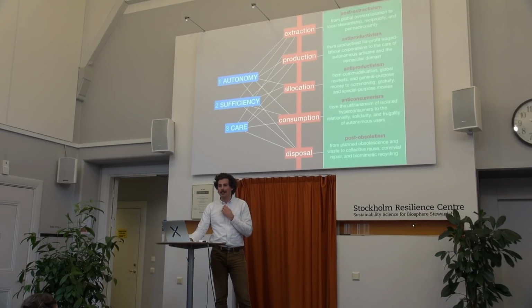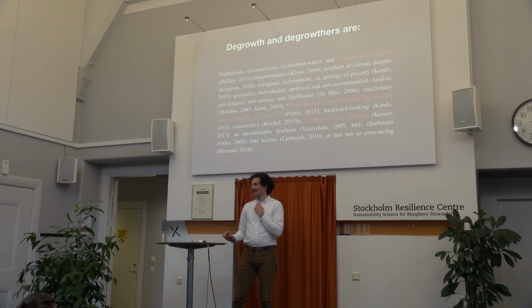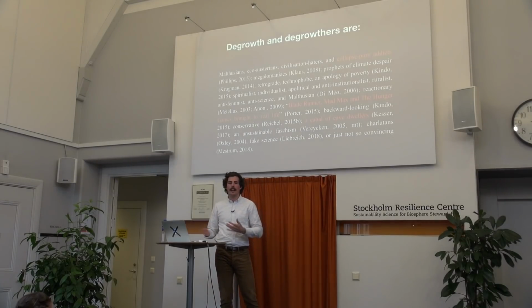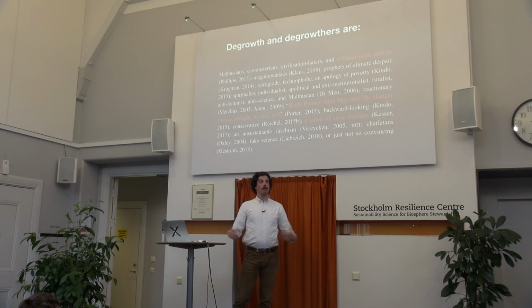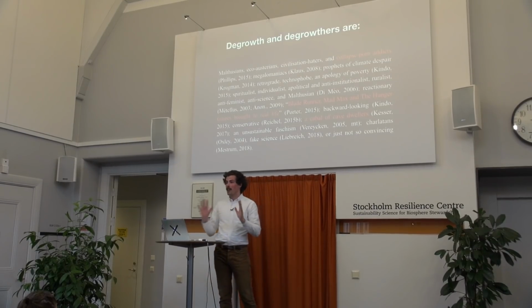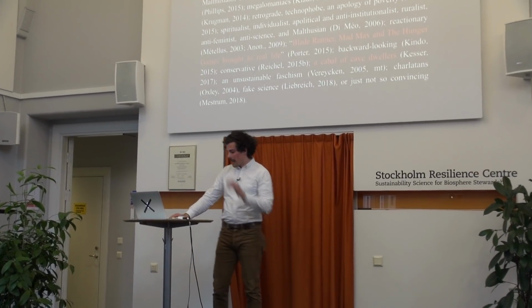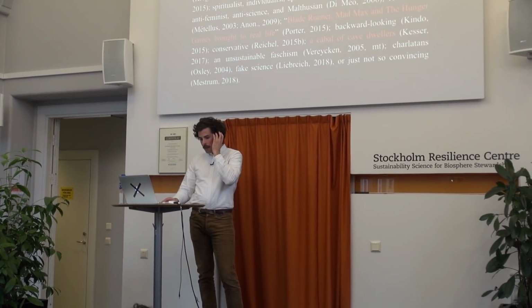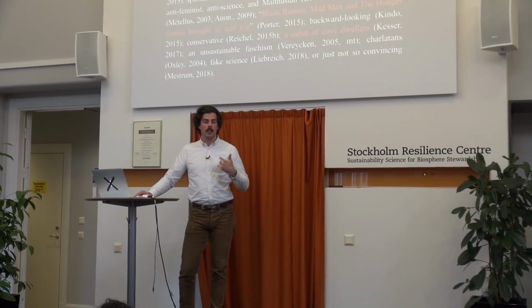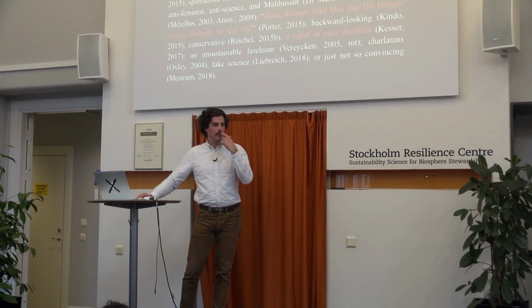Now I can come to a fun part, because I cannot come and define degrowth like everybody agrees on it, because as you know, it's a real shit show. It's a very controversial term. So I did a controversy analysis with the method called cartography of controversies. You make a map.